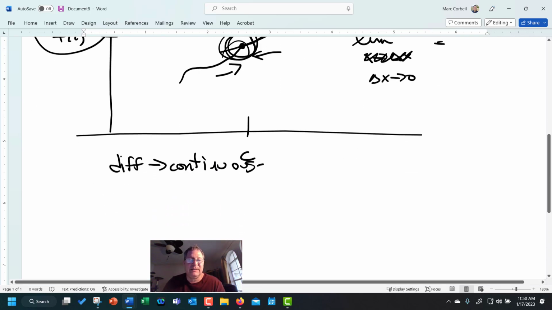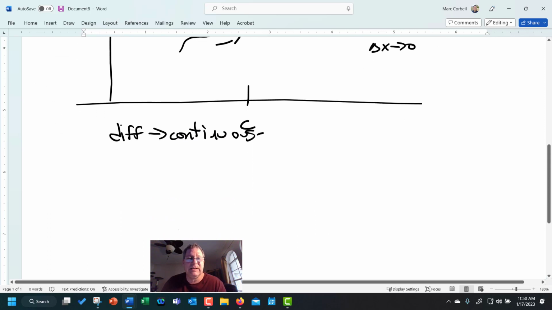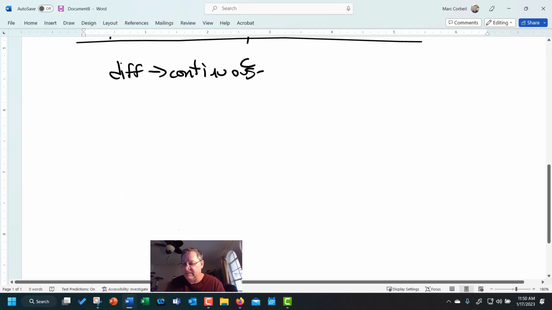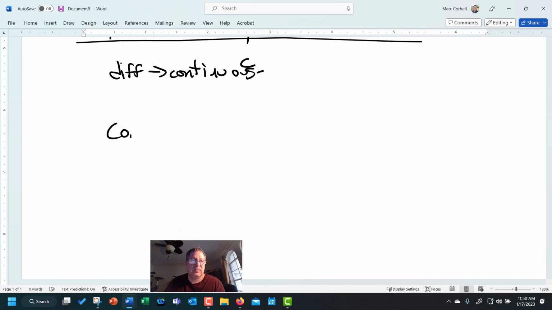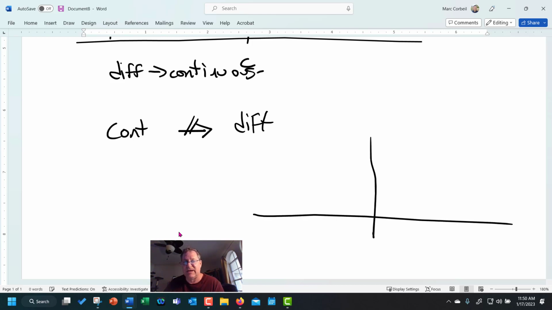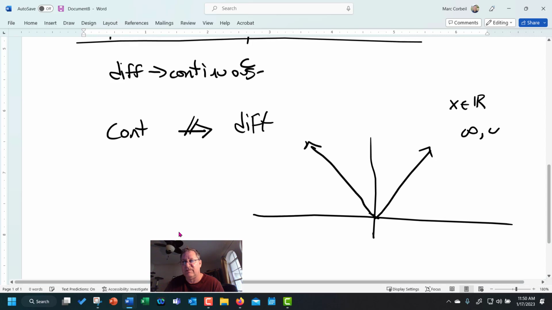Now, what is not the case is that continuity does not imply differentiability. So continuous does not necessarily imply differentiable. And we can see that simply by looking at an absolute value function. An absolute value function certainly is continuous. It's defined for all x, elements of the real numbers, or from negative infinity to infinity.